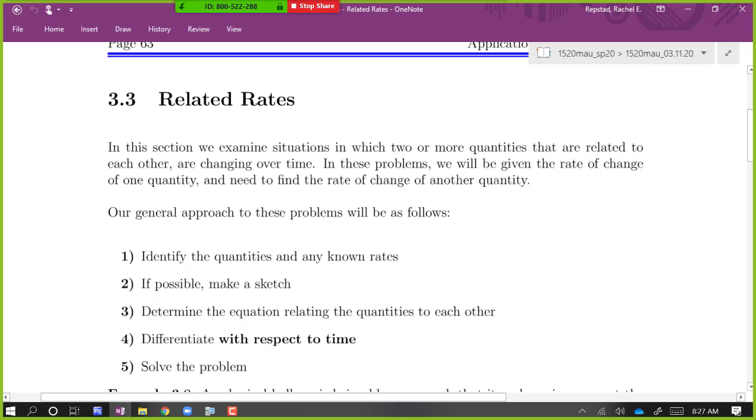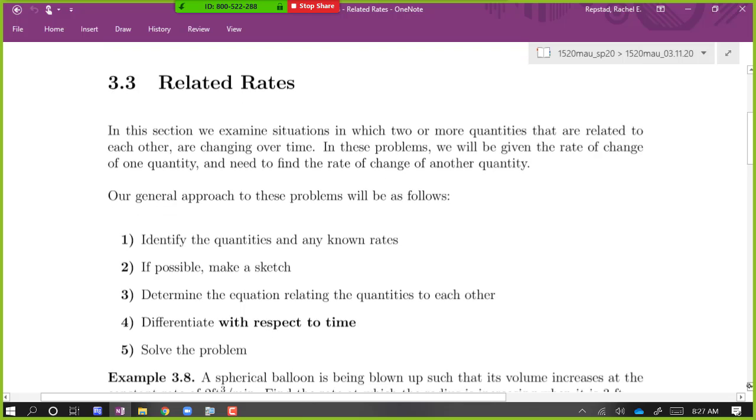Related rates problems describe a scenario where things are changing over time. They'll tell you how fast one quantity is changing, and then ask you to find how fast another quantity is changing. How does the rate of one thing affect the rate of some other thing?